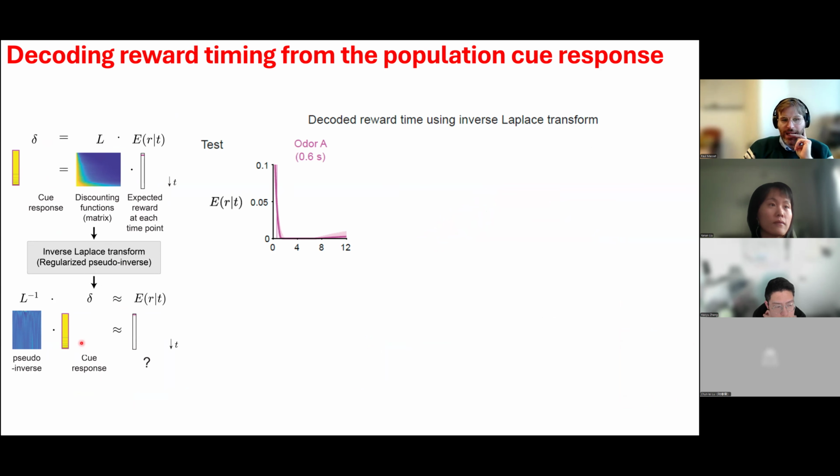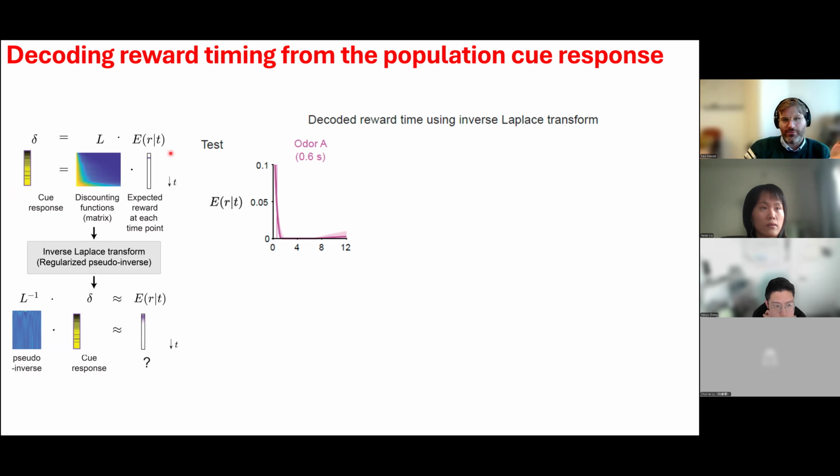Using that, we pass it to the other side, and we can recover the expected reward timing, right? Here the line at 0.6 is the true delay, and we can see that the recovered subjective reward timing is pretty good for this shortest delay, using the responses of the population to the shortest delay.